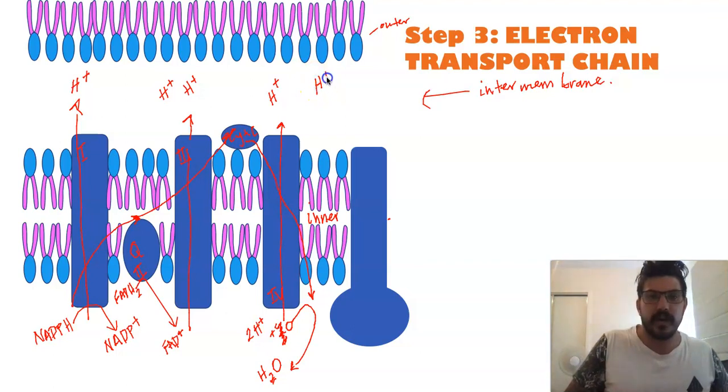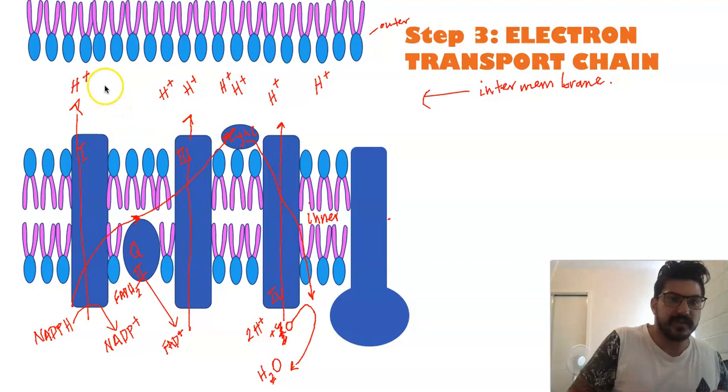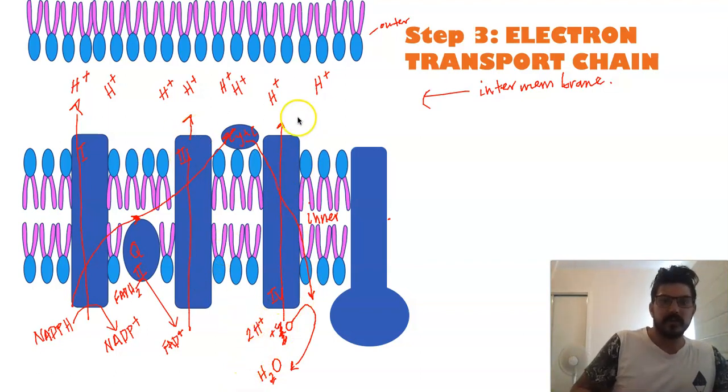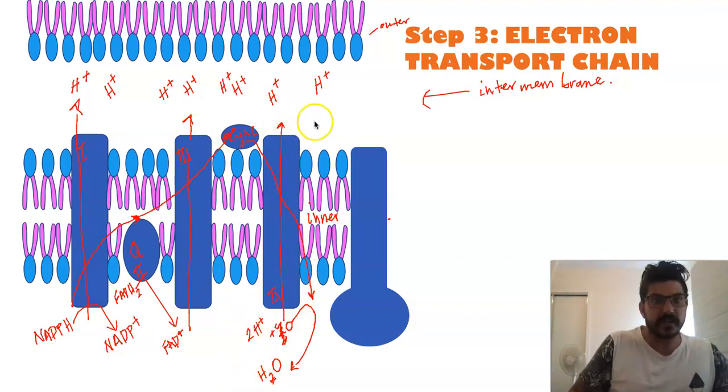After the 2 pyruvates come along and go through this process, we end up with double the amount of H+'s, and we're going to end up with a large concentration gradient, which leads us to this last molecule here.